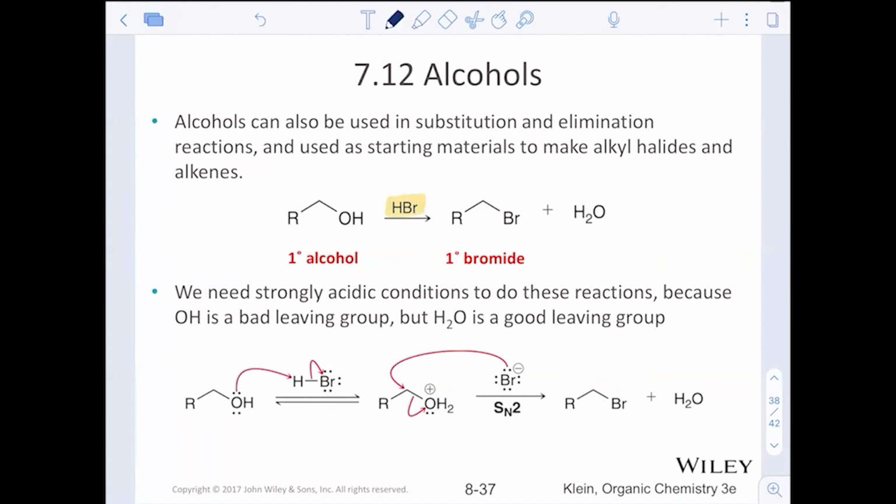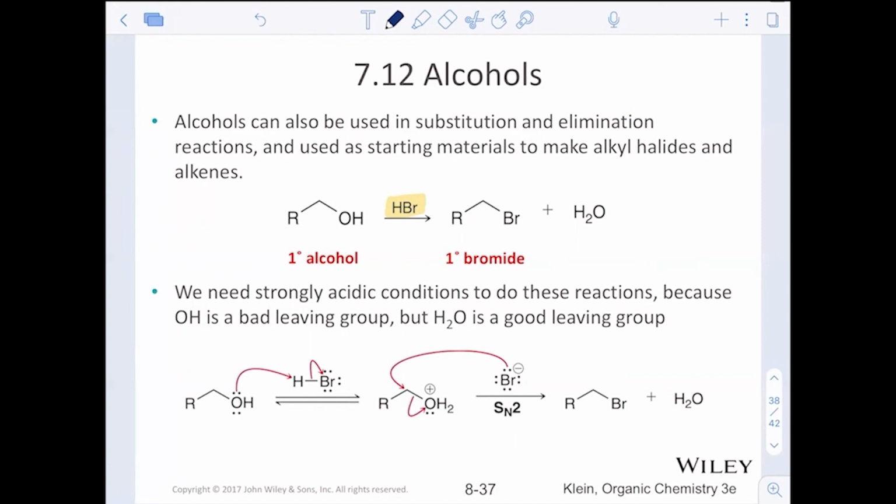When alcohols are the leaving group, OH-1 is reactive, so therefore it is not a good leaving group. So what we have to do is make oxygen a good leaving group. One way is to make it a tosylate. The second way is to protonate it with an acid. So we need strongly acidic conditions to do this reaction so that H2O is the leaving group, not OH-1.